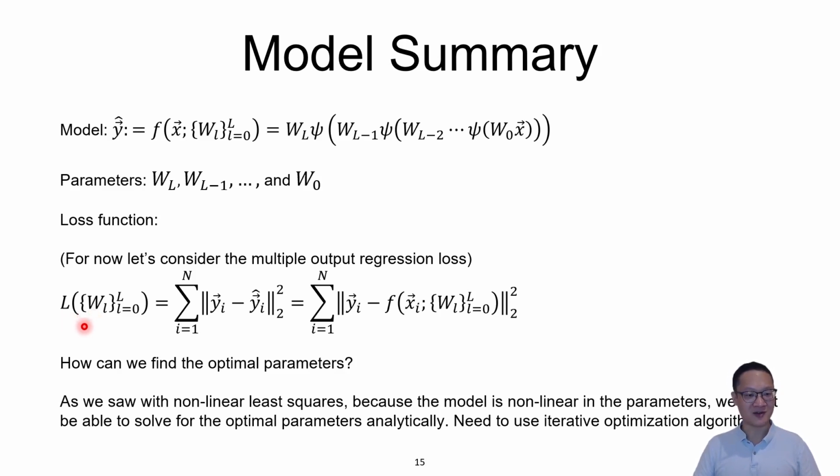We just have to compute the gradient of L. If we're using gradient descent, for example, we update the W's by starting with a random guess for W initially, and subtracting some step size times the gradient with respect to W. The only issue here is that the W's occur in many places, and this function is very, very nested. So this could be a little bit complicated.